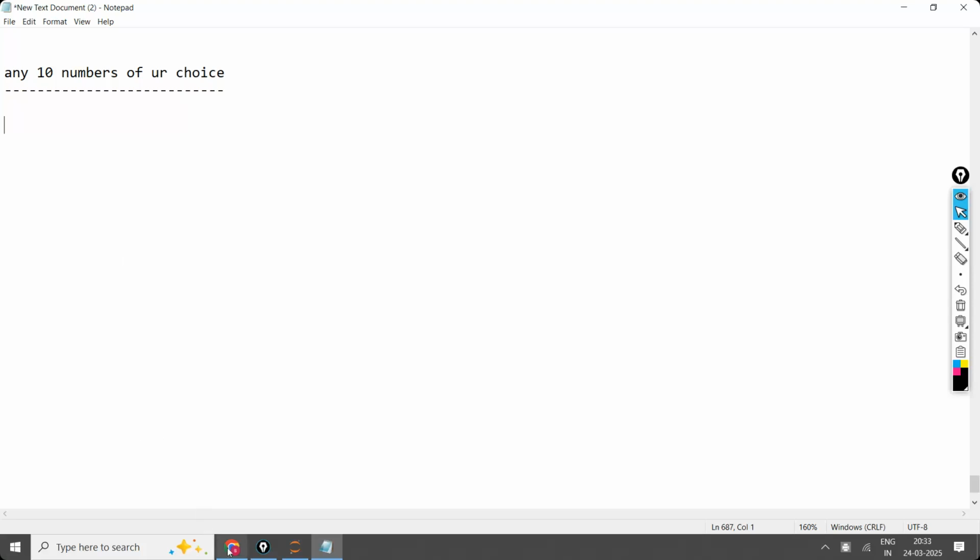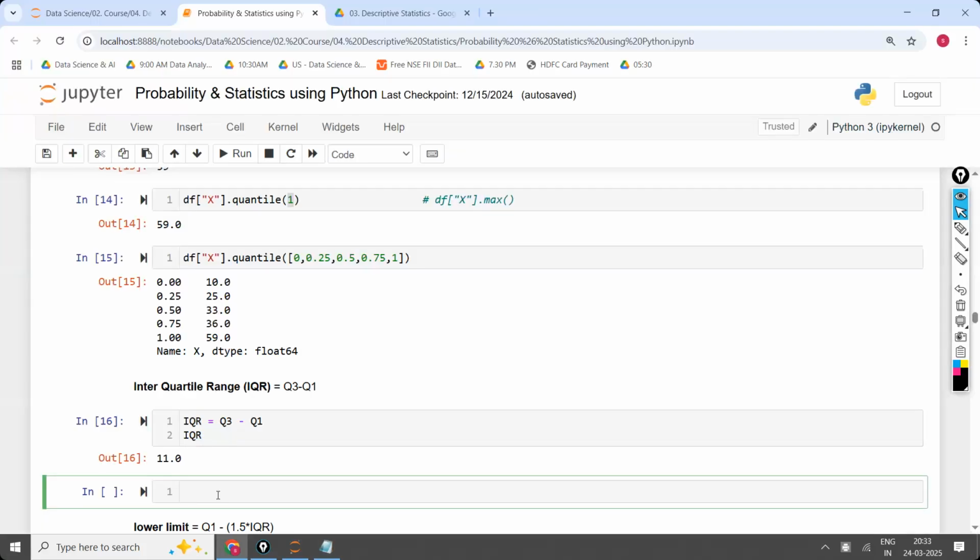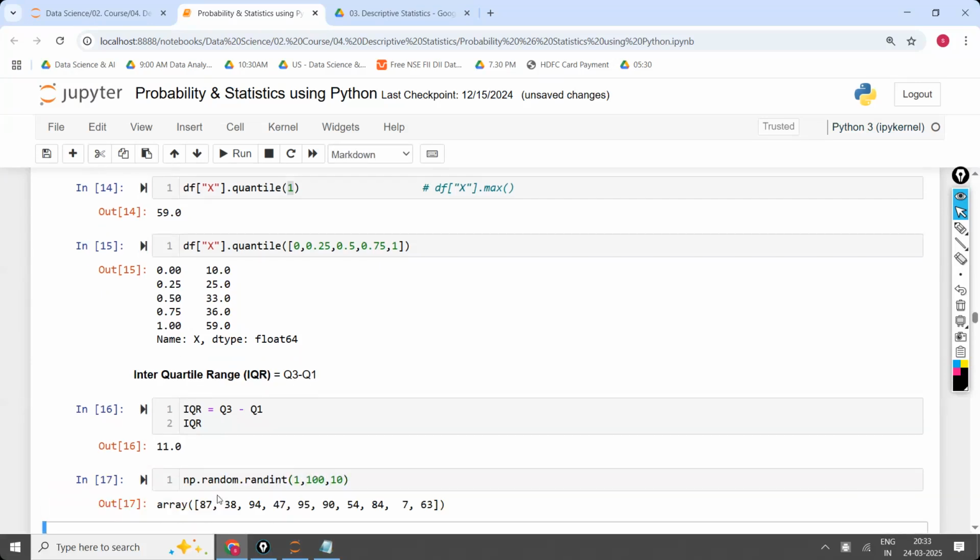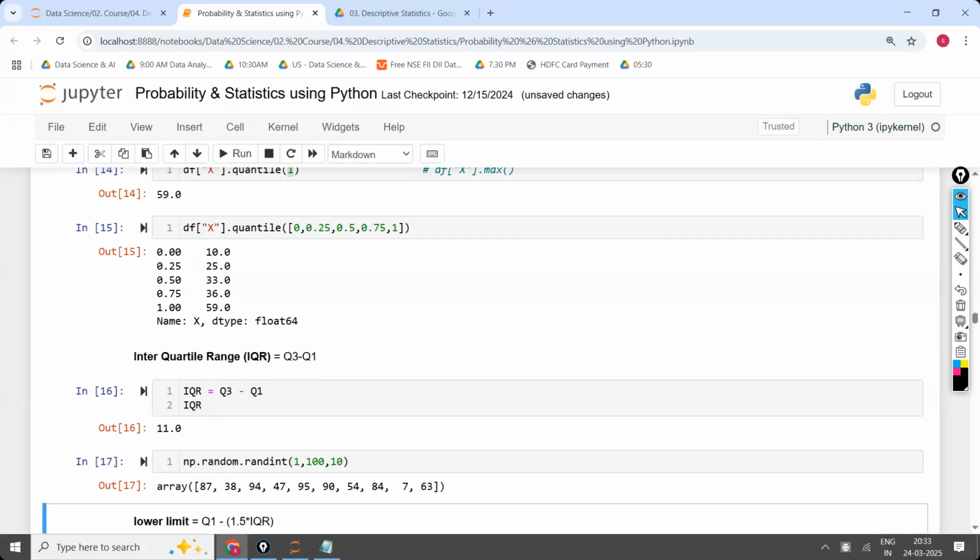So see here, I'm using np.random.randint. Any 10 numbers between 1 to 100. I've got some 10 numbers like this. These are the 10 numbers which I have received.